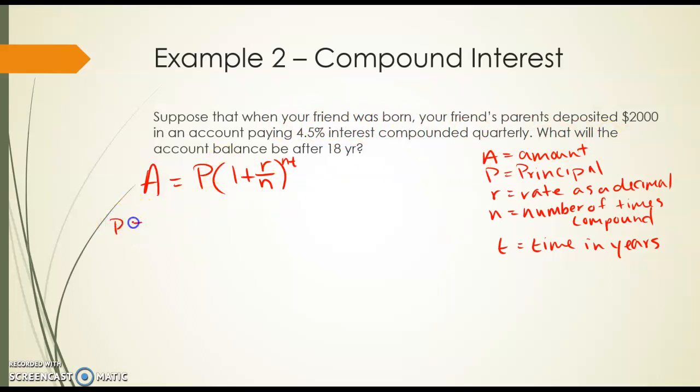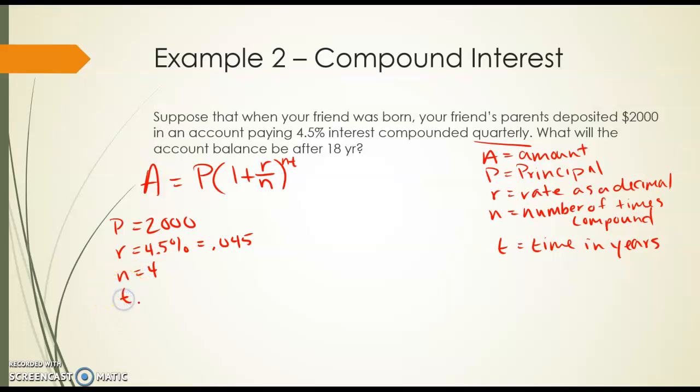So we know that that is P. P is $2,000, in an account paying 4.5% interest. So our rate is 4.5%, which is equal to 0.045. Compounded quarterly. So N is going to be 4 because it's compounded 4 times a year.